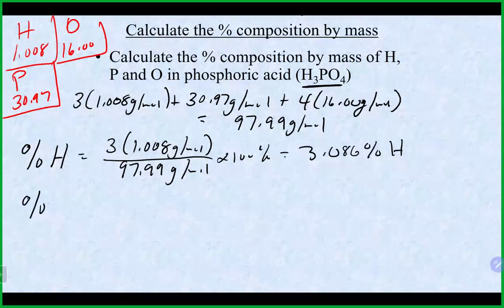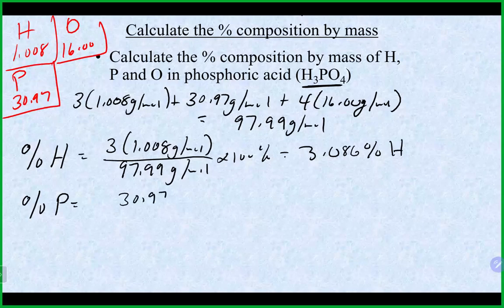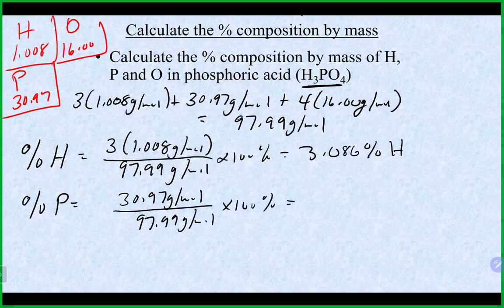We can do our percent of phosphorus. Since there's just 1 phosphorus, 30.97 up on top for the 1 phosphorus, divided by the molar mass of the entire compound times 100%. That gets us about 31.61% phosphorus.